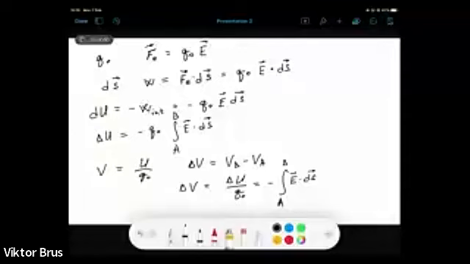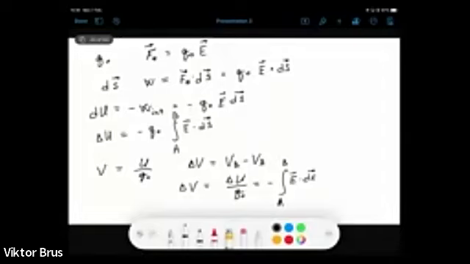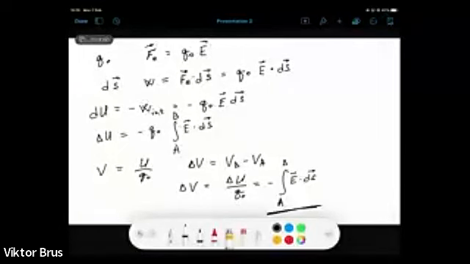What is important to mention here is that it is critical to distinguish between potential energy and potential. Talking about potential, you can see here, it is defined only by the source of electric field and electric field itself, so that space where we want to deal with it.